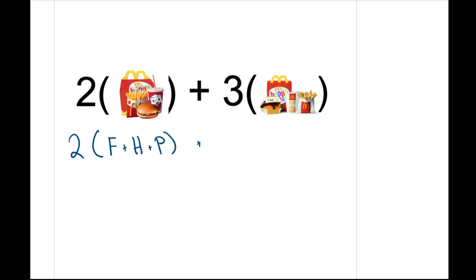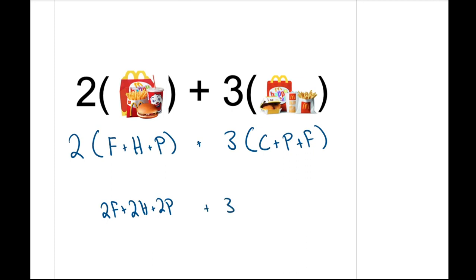If I look at the next one, I have 3 chicken nugget ones. So there's chicken nuggets, there's pop, and then there's French fries. So this could be the same thing. We know that it becomes 2F plus 2H plus 2P plus 3C plus 3P plus 3F. We know that's the case because we've done that on the previous one.